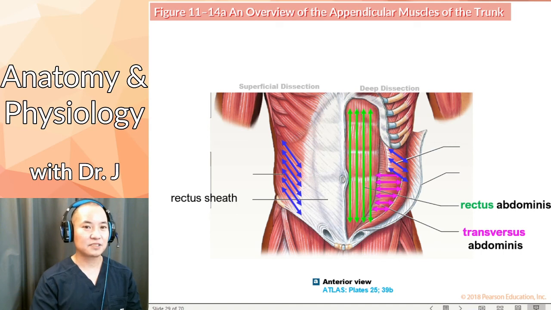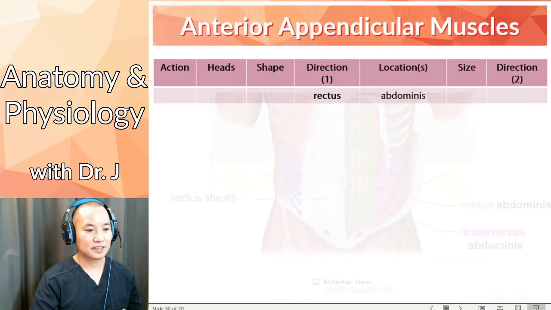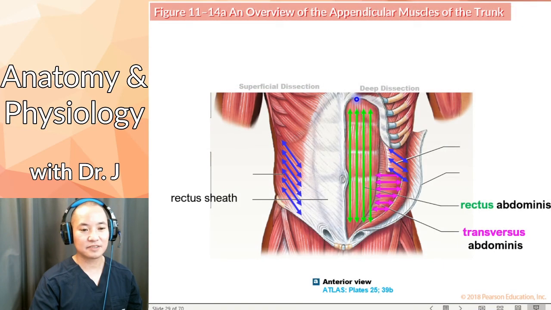So rectus refers to something that's straight along a path and parallel to something. Notice that all the fascicles of the rectus abdominis run parallel to the axis of the body. So just by knowing these directions, you can tell which one is oblique, which is transverse, and which is rectus.